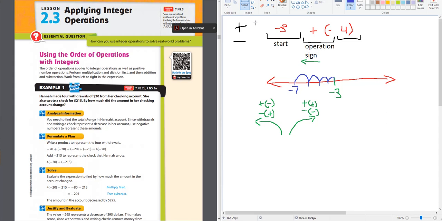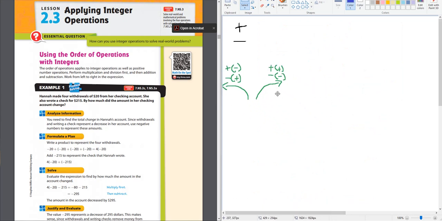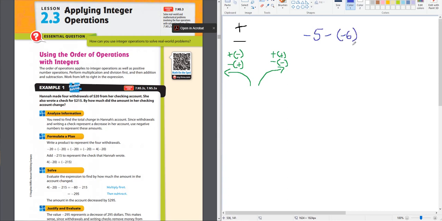So I'm going to erase this. Again, if I'm going a little bit too quickly, you can always replay this, watch it over again, and you can pause at any point if you need to take notes. I'm going to leave this because this is really important to have on the side. So let's say that we have -5 minus -6. All right.